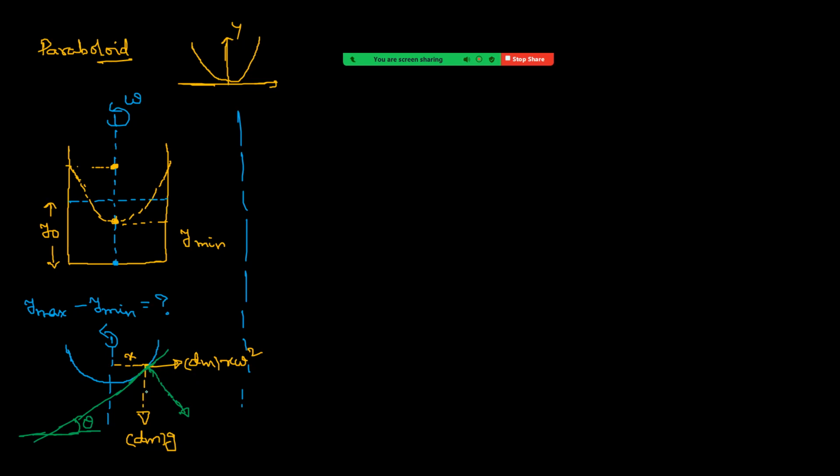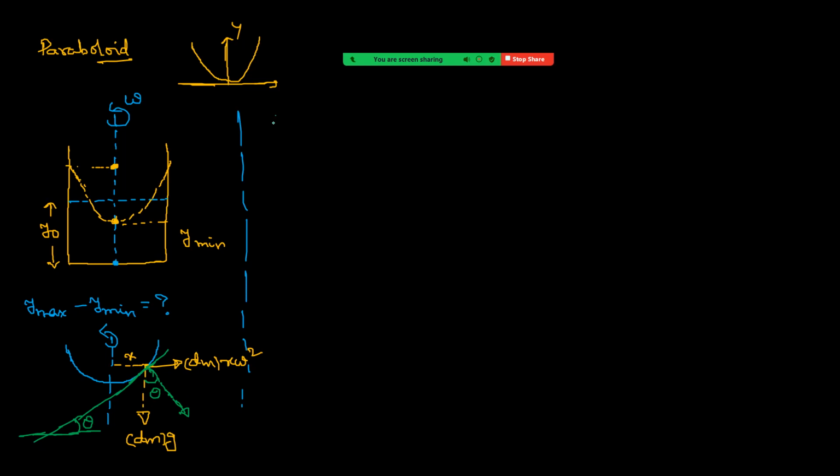So if this is theta, this is also theta. See carefully. This is vertical, means normal to horizontal. This is normal to the tangent. So between these two angles theta, these two are normals to those two lines. So between the normals also the same angle, right? So now it is just like there are two vectors which are mutually perpendicular, and this is the resultant of those two.